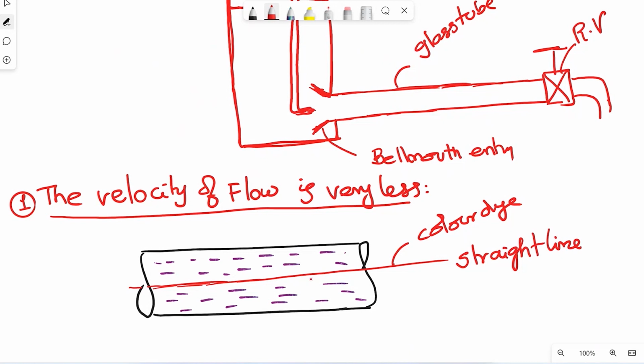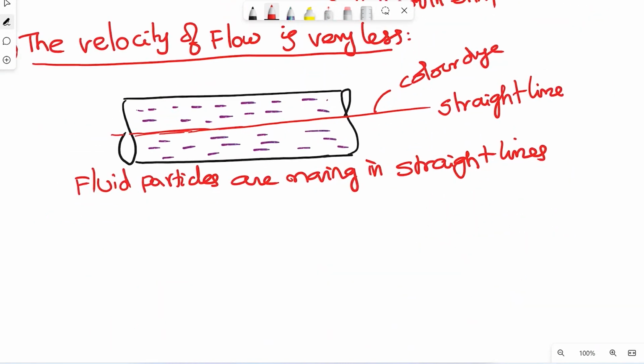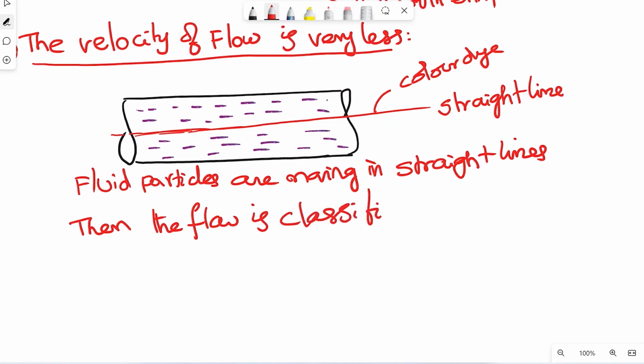The color dye flowing straight means the fluid particles are moving in straight lines. Then the flow is classified as laminar flow.